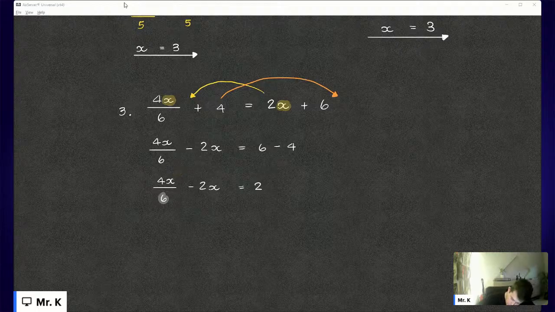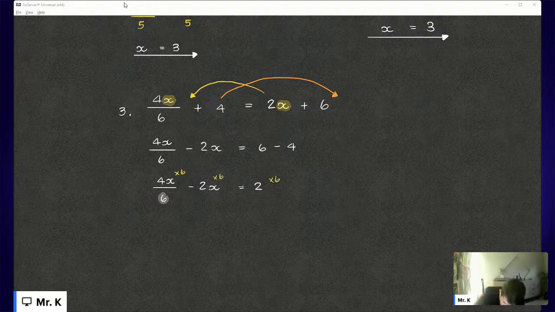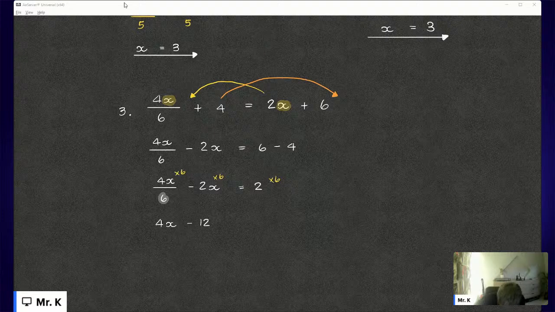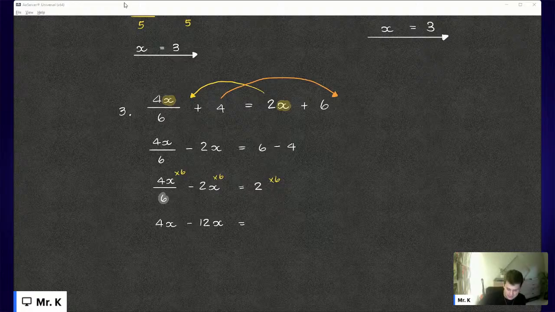I'm going to go through this entire equation and multiply every single term by 6. 4x over 6 times 6 means the 6's are going to cancel one another, right? So we're going to be left with 4x minus 2 times 6 gives us 12, so this becomes minus 12x equal to 2 times 6 gives us positive 12.